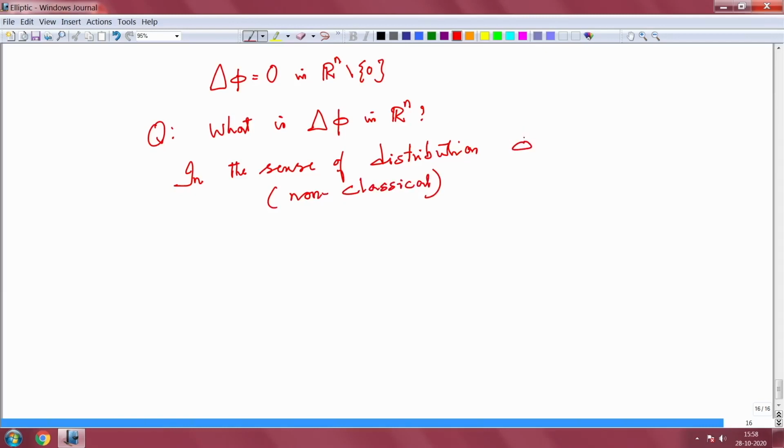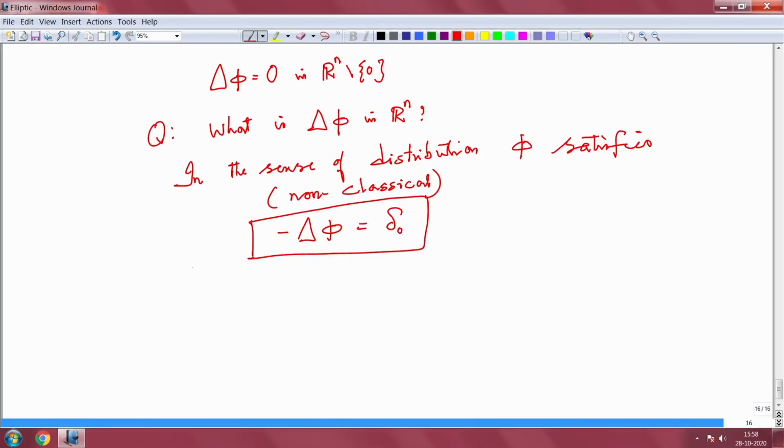This phi satisfies minus Laplacian of phi equal to delta, and that is why we call it a Dirac delta distribution. What is the meaning of this? It is nothing pointwise. The meaning is: take any psi belonging to Cc infinity of Rn.